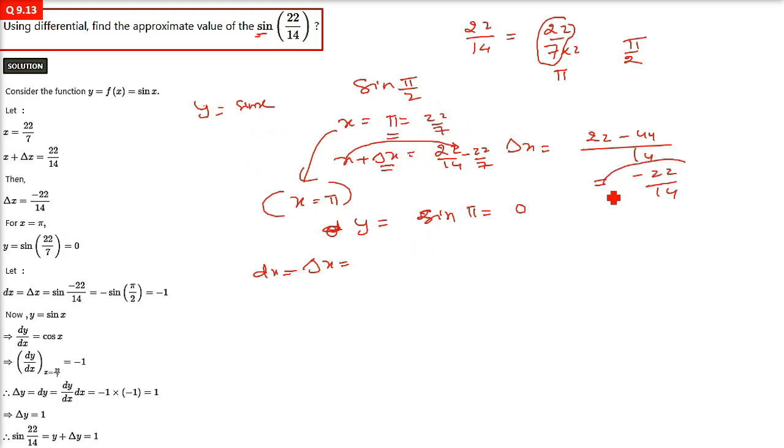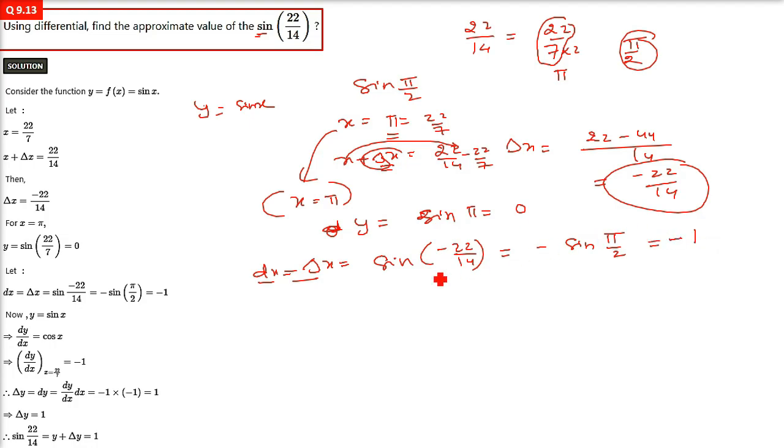In sine you have to put this value. So sine of minus 22 by 14, and sine of minus theta is minus sine theta. So essentially minus sine pi by 2 we are doing, and that is going to be equal to negative 1, because sine 90, as I told you initially, is 1.